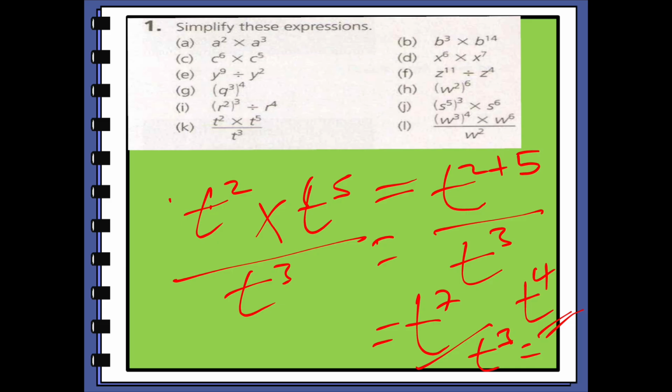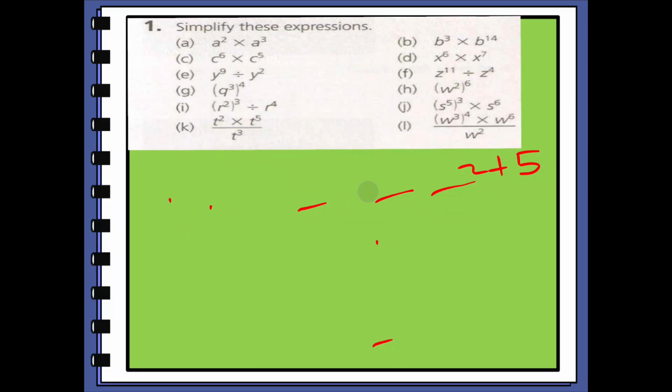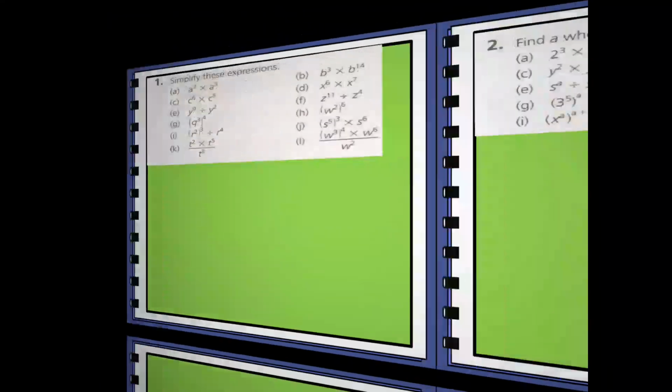So you can use the similar method to work out I. Alright, and the other questions which are similar, you can do them. Okay, let's look at question number 2.